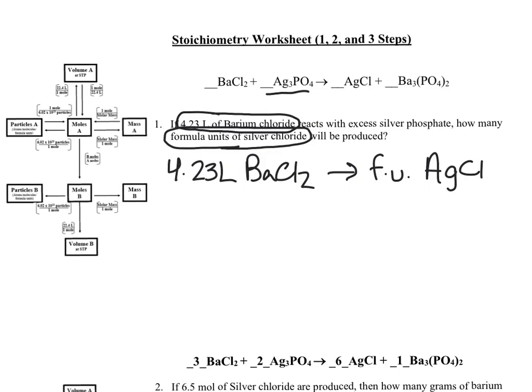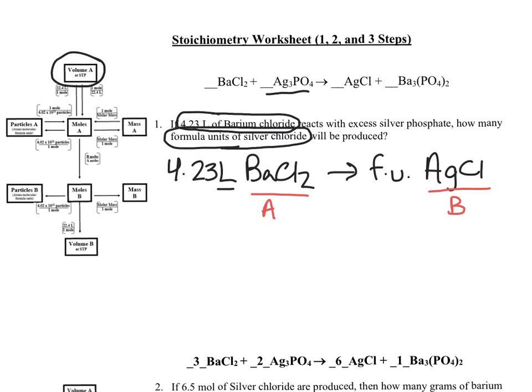Notice, since this is 2 different compounds, barium chloride and silver chloride, that means we have a compound A and a compound B. If we were going to go from barium chloride and stay with barium chloride, just find its mass instead of liters, then we'd be staying on the A side of the map. But in this case, we're starting with volume of A, because we're in liters of the A subject.